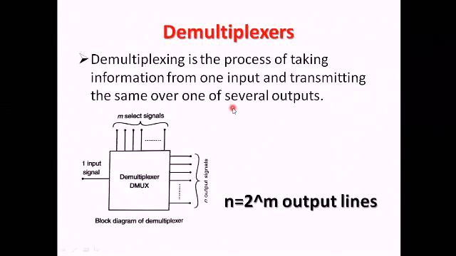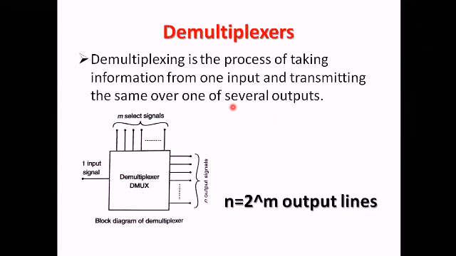The next slide, we will be starting the demultiplexers. Already we have learned about the decoders. Decoder is the same as the demultiplexer, but what is the difference? It is the same as a demultiplexer, but without any data input.